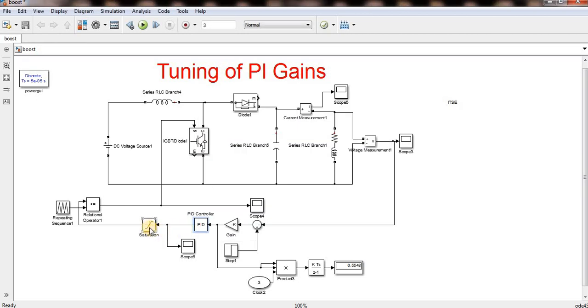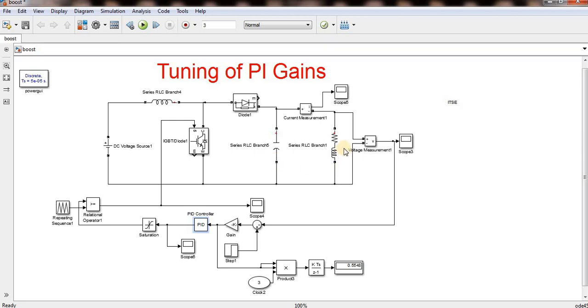After that, saturation. Why saturation is required, why the construction is like that, I explained in my previous videos on boost converter and buck converter. Many videos I made on boost converter and buck converter. And here the PID is generating my duty cycle. Based on this duty cycle I am generating the pulses.